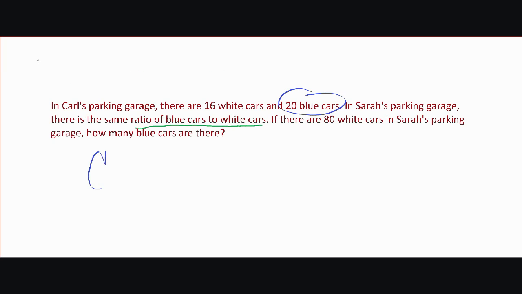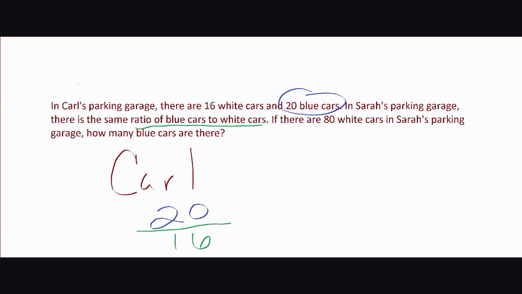So for Carl, let's make his name red here. The number of blue cars is 20 compared to the number of white cars, which I'm going to do in green, which is 16. So we're writing it as a fraction, 20 over 16. Now we are saying it is the same as the ratio in Sarah's garage.